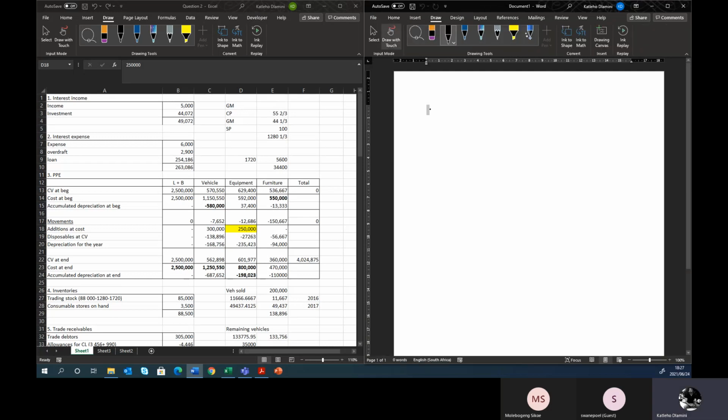So you draw yourself a timeline, and it looks something like this. When does the year start and when does the year end? It's the 1st of April, that's the 4th month, to the 31st of March. So when did we buy this thing? The 1st of September, something like that.